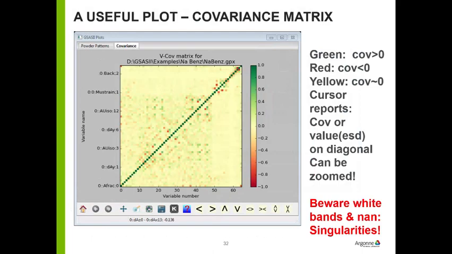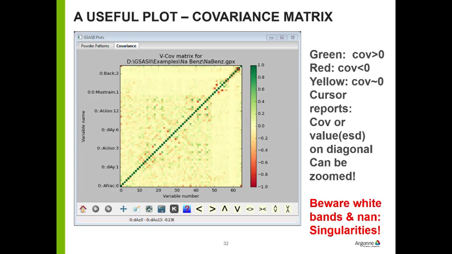A useful plot to look at is this one, which is the so-called covariance matrix. And when you do the least squares, you'll create a matrix which is full of cross products of derivatives between pairs of parameters with respect to the profile intensity.